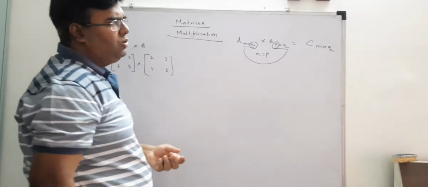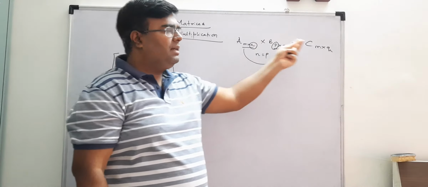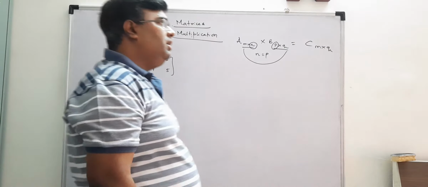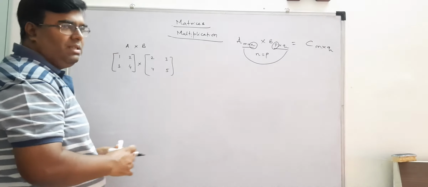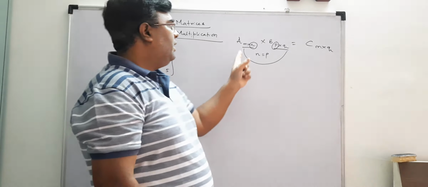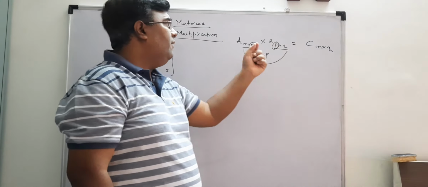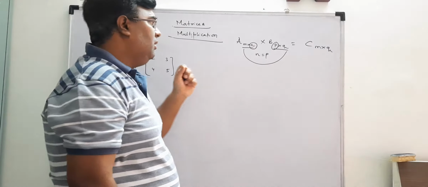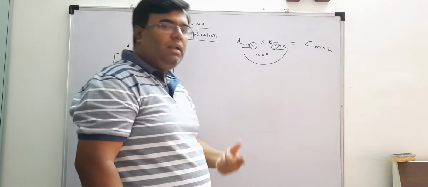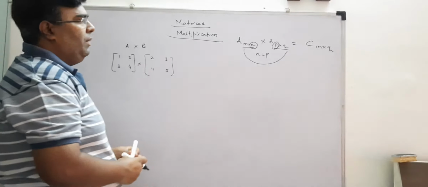It can be the same also. Suppose A is 3 by 3, B is also 3 by 3, then we will get C as 3 by 3. So not necessarily the same, but you will get the order m by q, and only if n is equal to p can we multiply the two matrices.